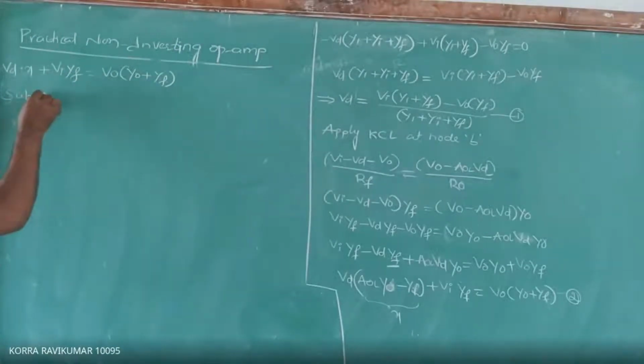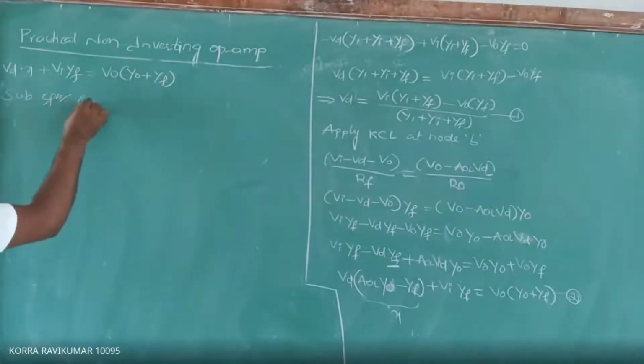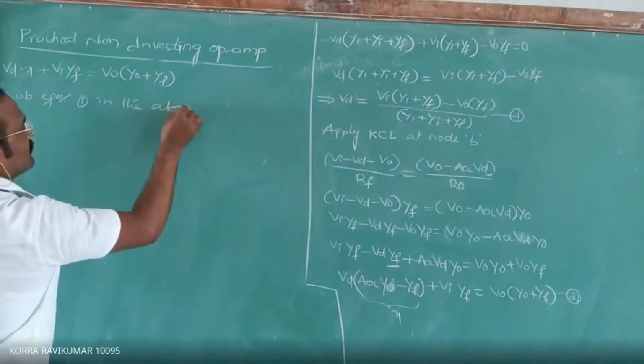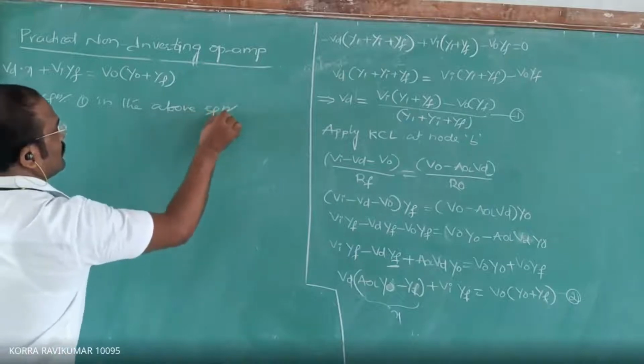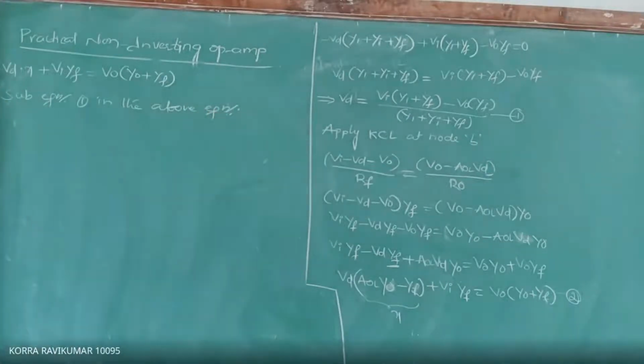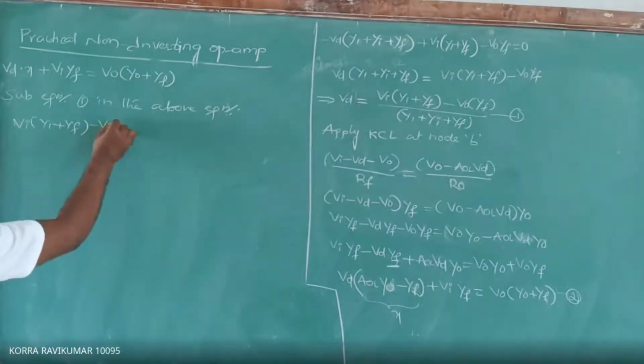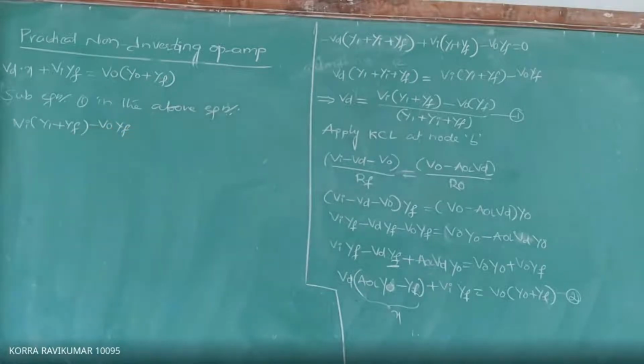Substitute equation 1 in the above equation. Then we have the value of VD: Vi into (Y1 plus Yf) minus V0 into Yf, divided by (Y1 plus Yi plus Yf).